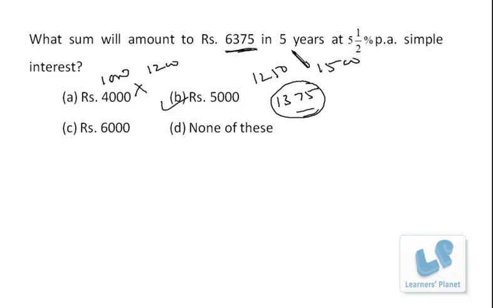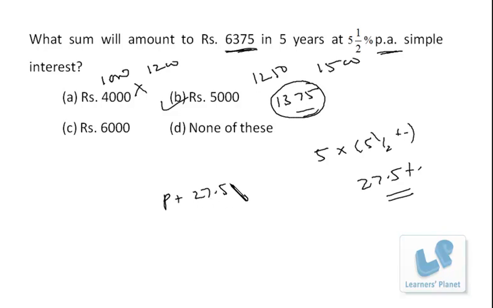I just repeat, 5 years at 5.5% per annum. That means in 5 years, 5 times 5.5% will be there. So it's 27.5%. So principal plus 27.5% of principal is the total amount, that is 6375.